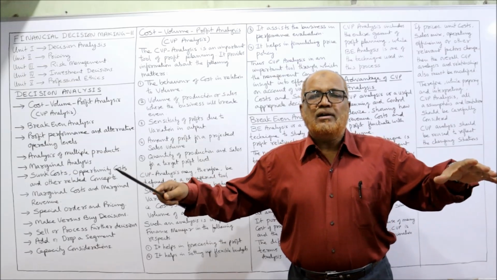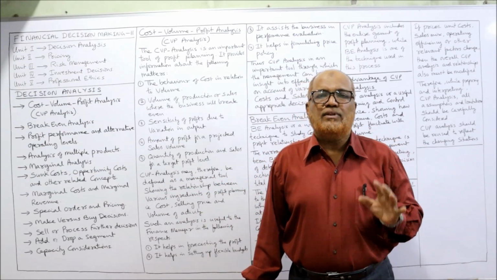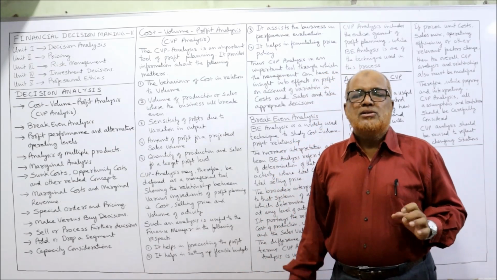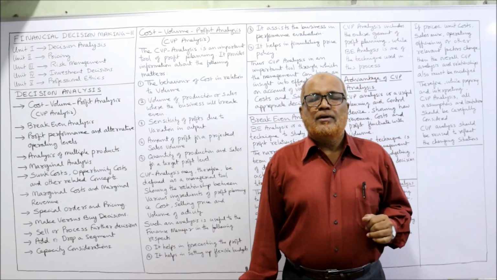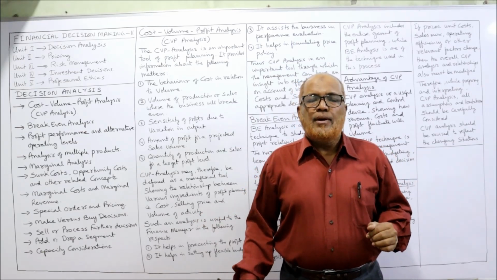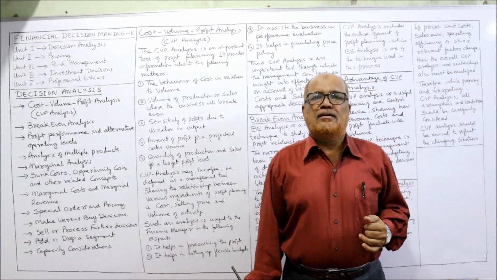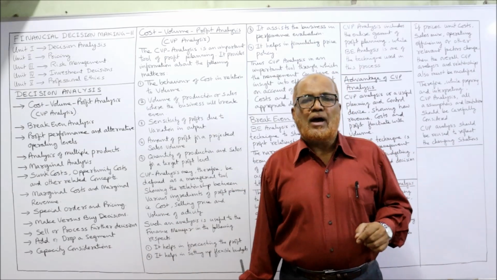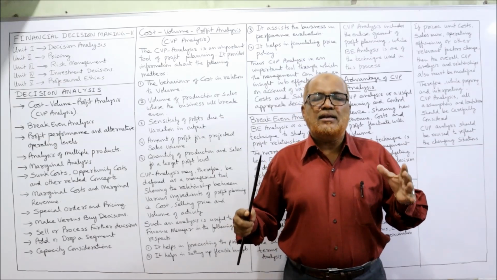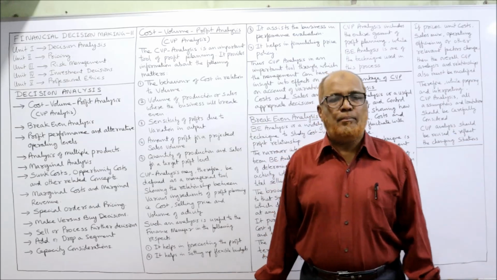So many alternatives are there, out of which the management has to select any one of the alternatives. That is called decision making. So how to do the decision making? The decision making can be done by collecting the information, by analyzing the information, by applying different techniques. So in this unit, I'm going to explain to you what are the techniques available to the management for decision making.